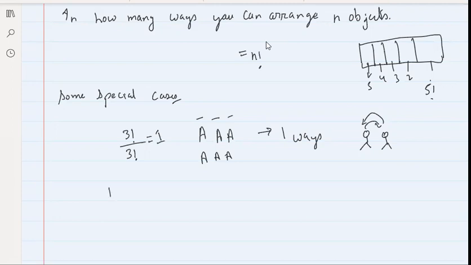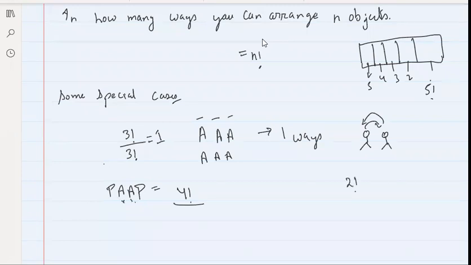Now tell me, in how many ways can this, A A P P, be arranged? If you say it will be 4 factorial, is it correct or not? It's not correct, because see here, 2 A's.